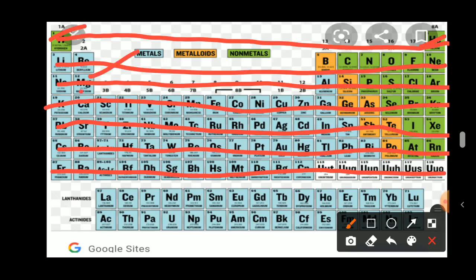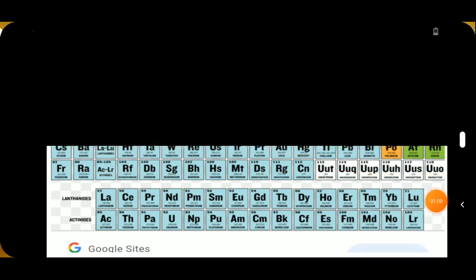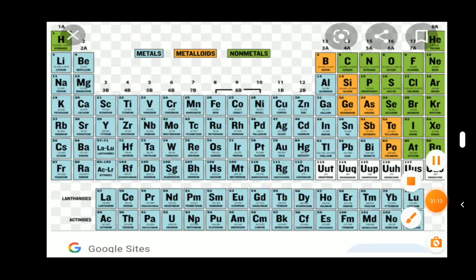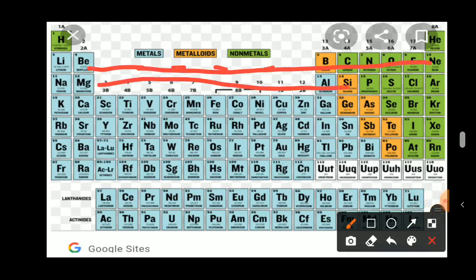Second and third period. You can see here, the second and third are short periods. They contain 8 elements, while the first period contains 2.